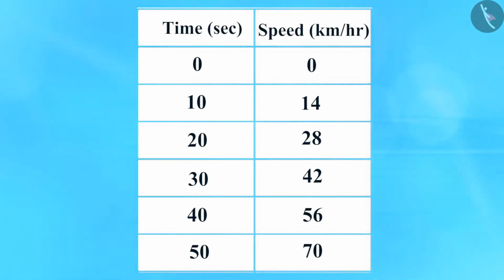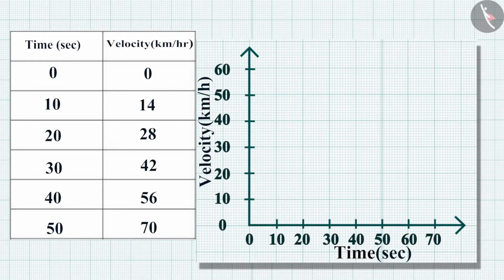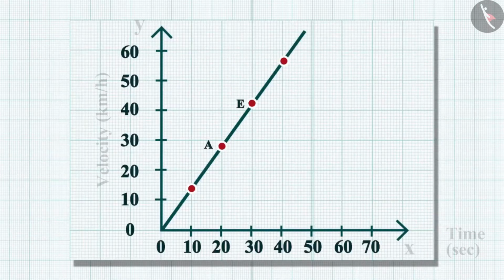Let's suppose the train driver records the velocity of the train starting from rest at each 10-second interval. Can you plot the velocity-time graph of this data? It should look like this. For uniformly accelerated motion, the velocity-time graph is again a straight line.